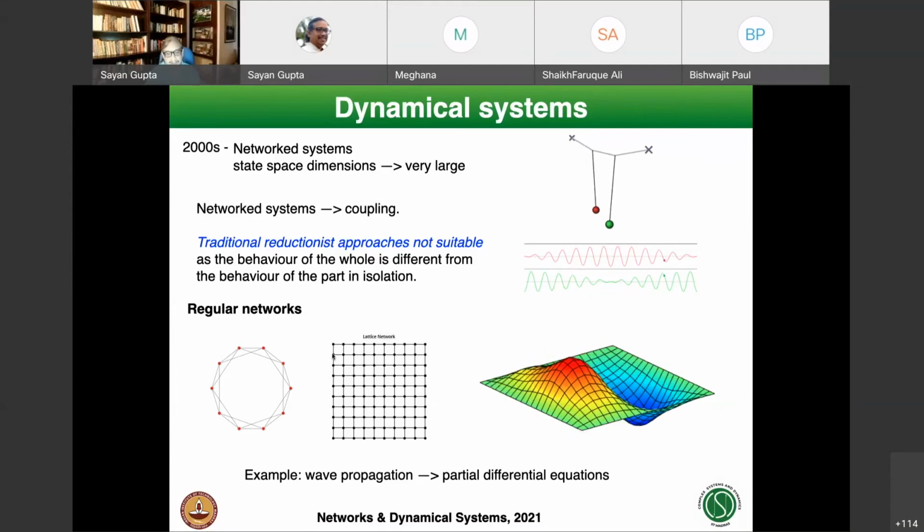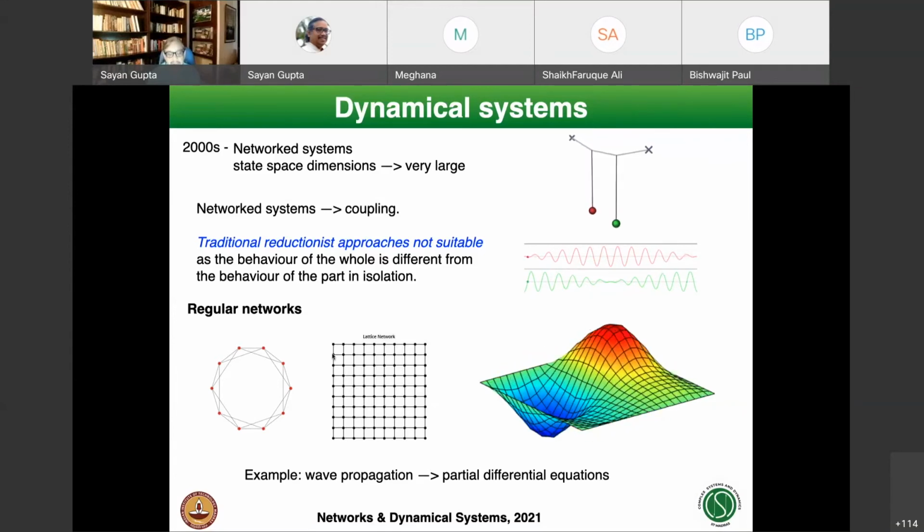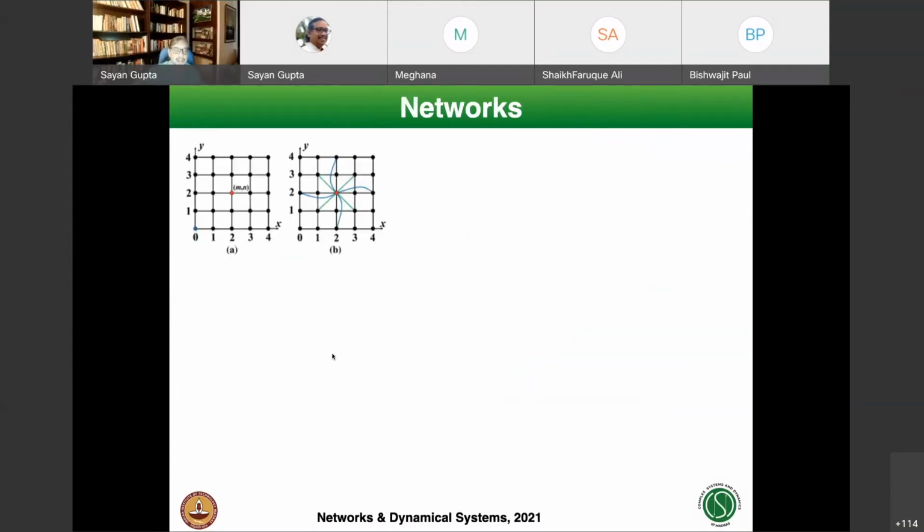But for certain problems, the coupling could be slightly more complicated. For example, here we see that the coupling is not only restricted to the nearest nodes, but also to some far nodes. So you see that the network can become more and more complicated depending on the type of problem.